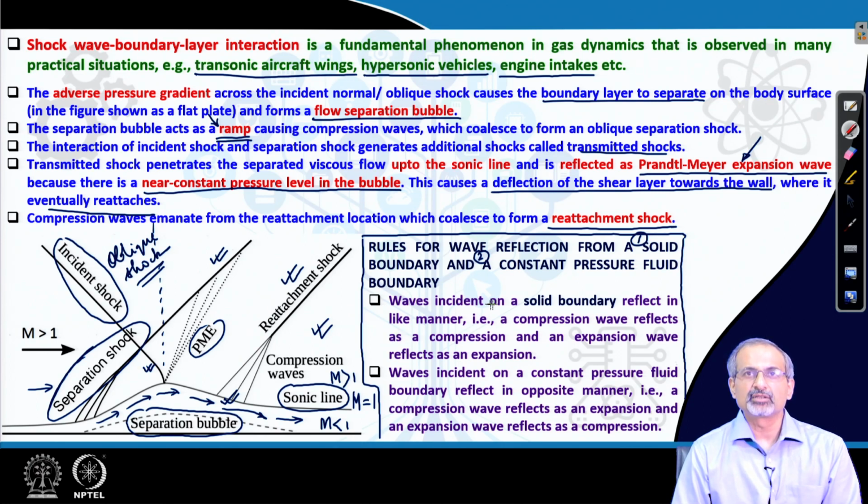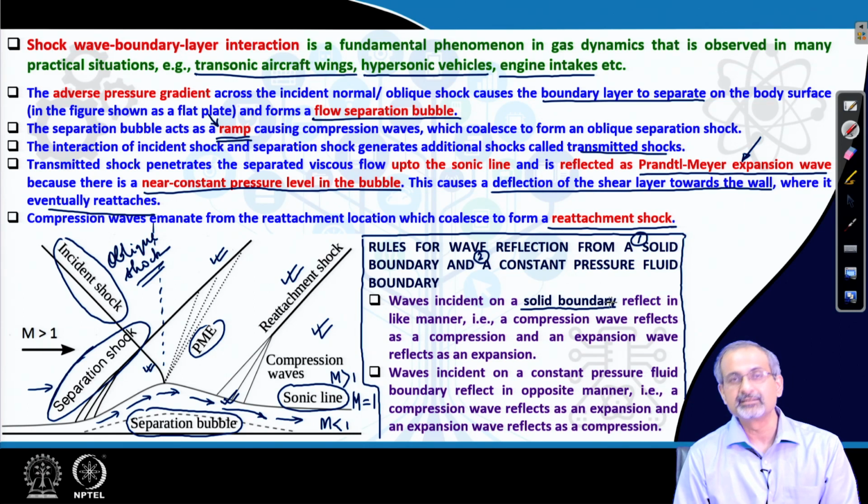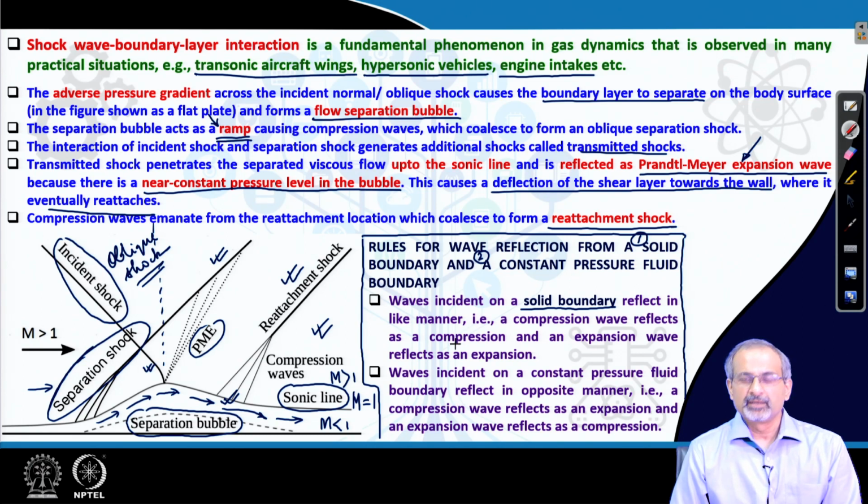Waves incident on a solid boundary reflect in like manner, that is, a compression wave reflects as a compression and an expansion wave reflects as an expansion. So, a solid boundary does not change the nature of the wave on reflection, but what happens when a wave is incident on a constant pressure fluid boundary? It produces a wave of opposite nature.